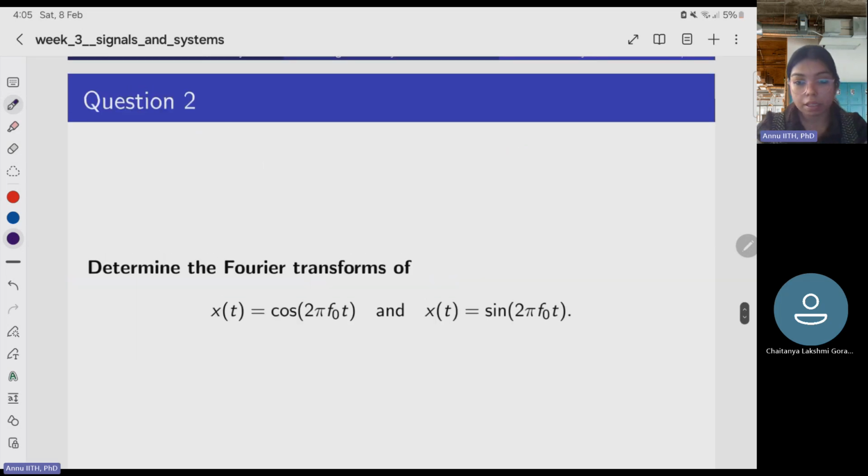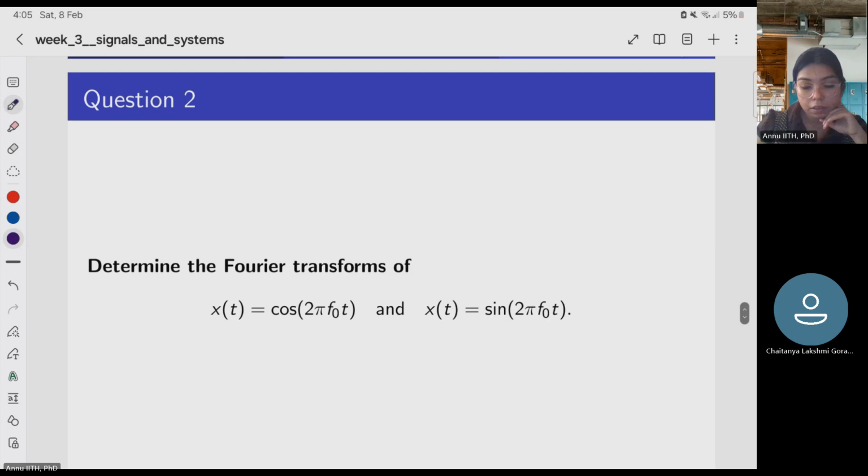Very good. Solve this question. How will you solve? Using the Euler formula, you need to write in terms of e power j 2 pi f naught t plus e power minus j 2 pi f naught t by 2 for the cos, whereas for the sine it is e power j 2 pi f naught t minus e power minus j 2 pi f naught t by 2j. In that case, we need to solve for the first separately.